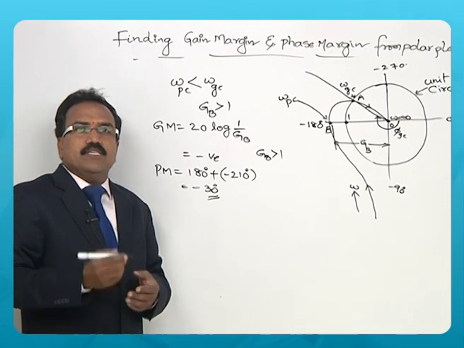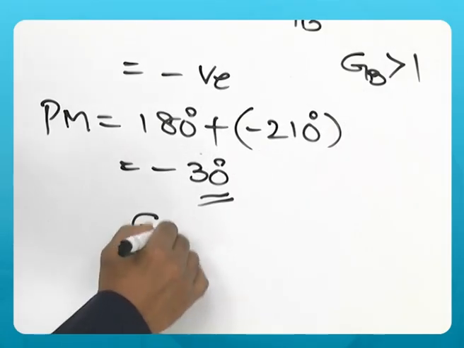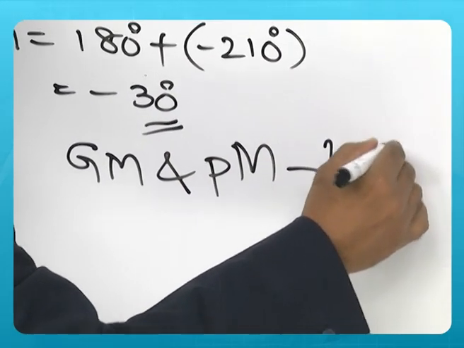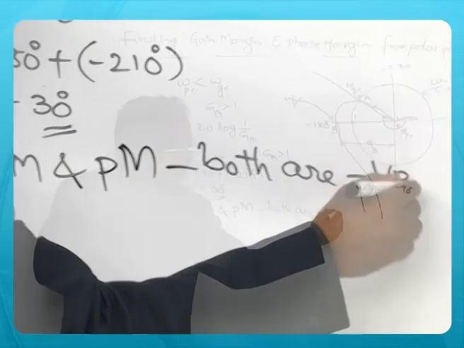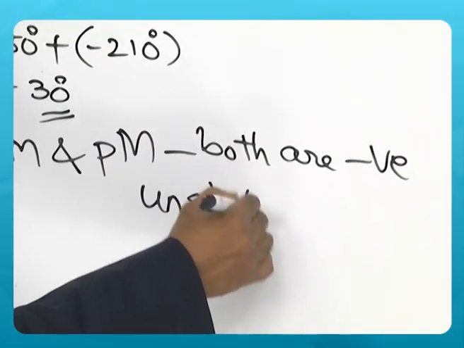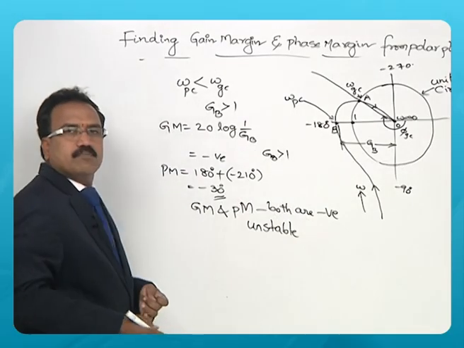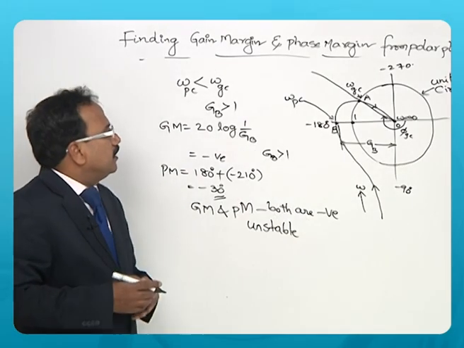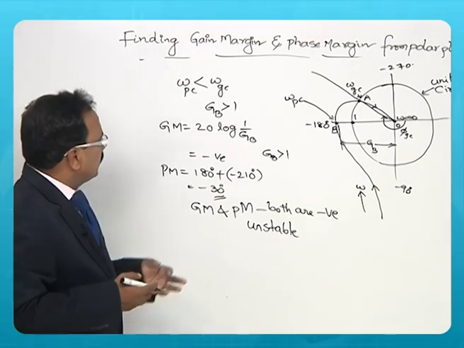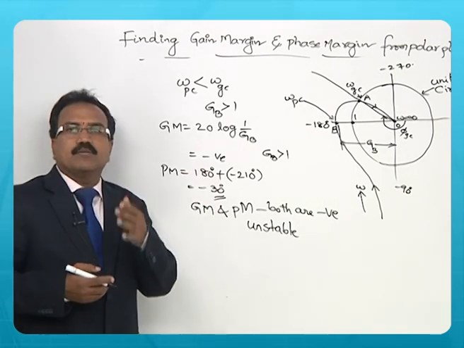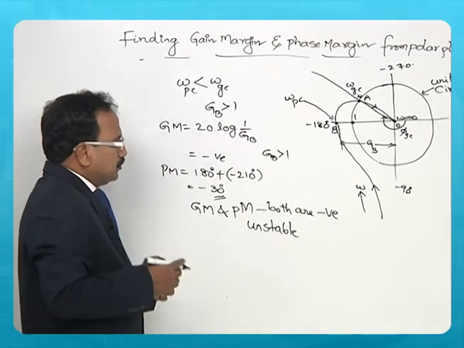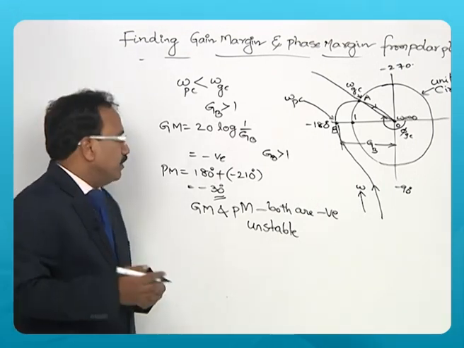So, gain margin and phase margin are both negative here. That means the system is unstable, it is already unstable, and you have to bring down both the gain margin and phase margin by this much amount, so that the system comes to the verge of instability. So, gain margin and phase margin should be positive for stability.